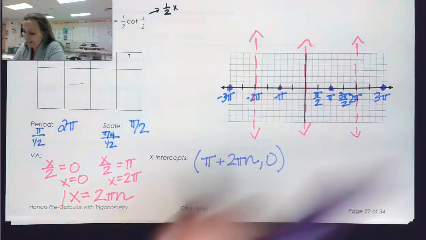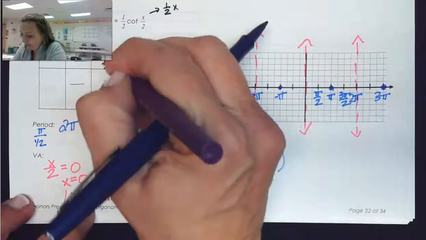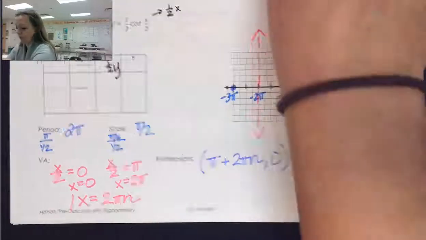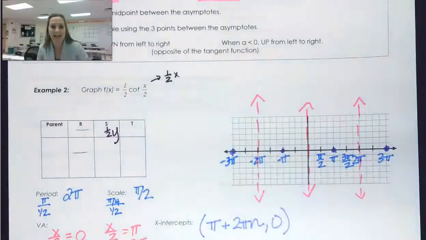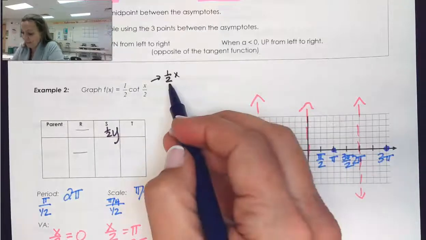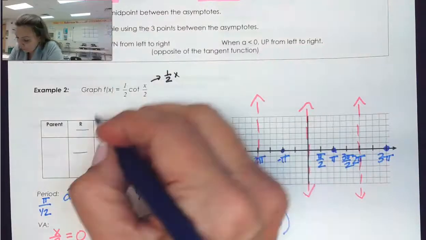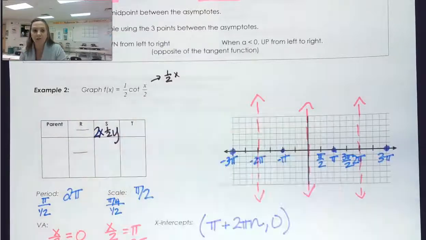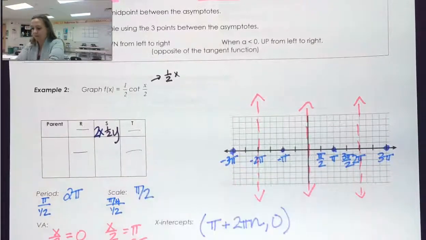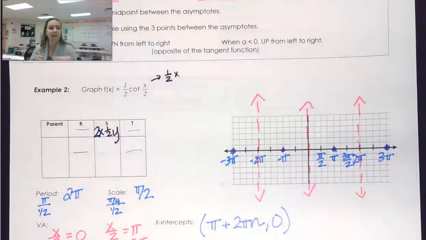That's going to give us a vertical shrink of 1/2. Oops, sorry about that. Vertical shrink of 1/2. And then this 1/2 that's here tells us that there's going to be a horizontal stretch of 2. So the same rules that we've done before. And there are no transformations for this one. They would affect the same way.